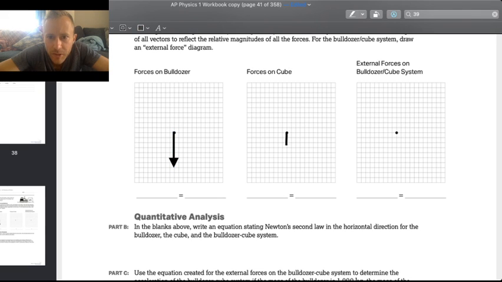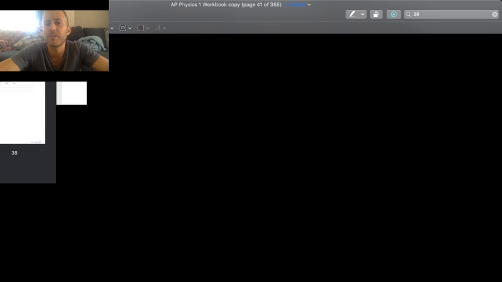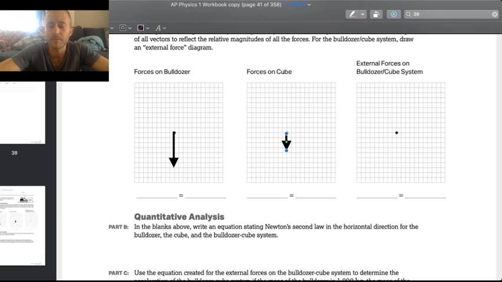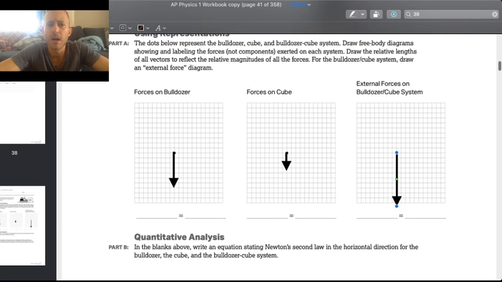I'm assuming that the cube is less massive than the bulldozer. The total weight force on the bulldozer cube system would be the sum of these two, which is going to be a longer arrow going down. Now you would want to label these arrows. I'm not labeling the arrows because it's a little bit clunky for me to do that.